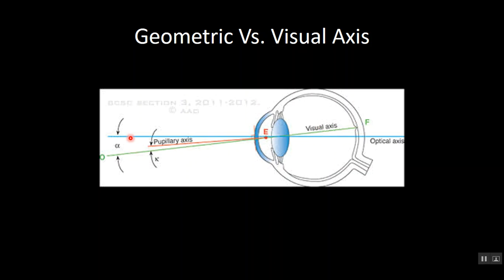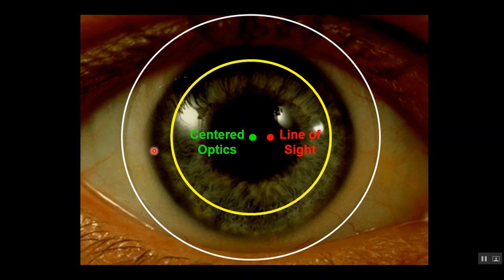So that difference in angle can be known as angle lambda or angle kappa, but effectively what we're describing is the difference between the geometric axis of the eye and the visual axis or the patient's line of sight. So what does that mean?